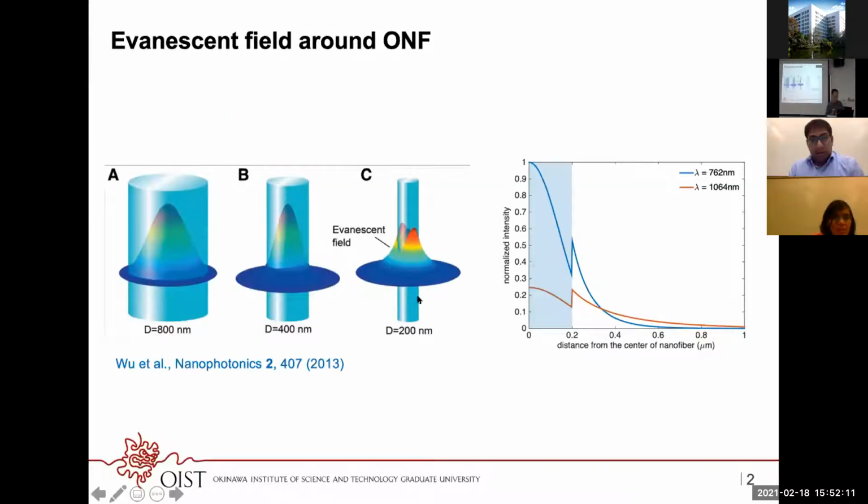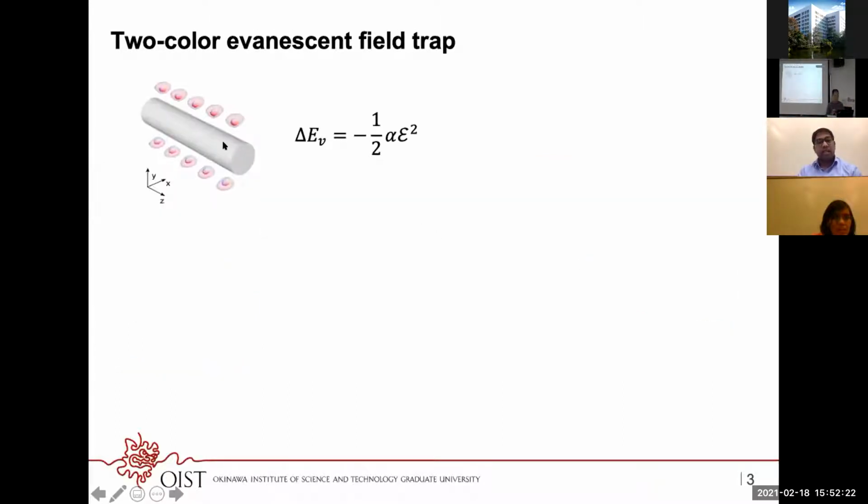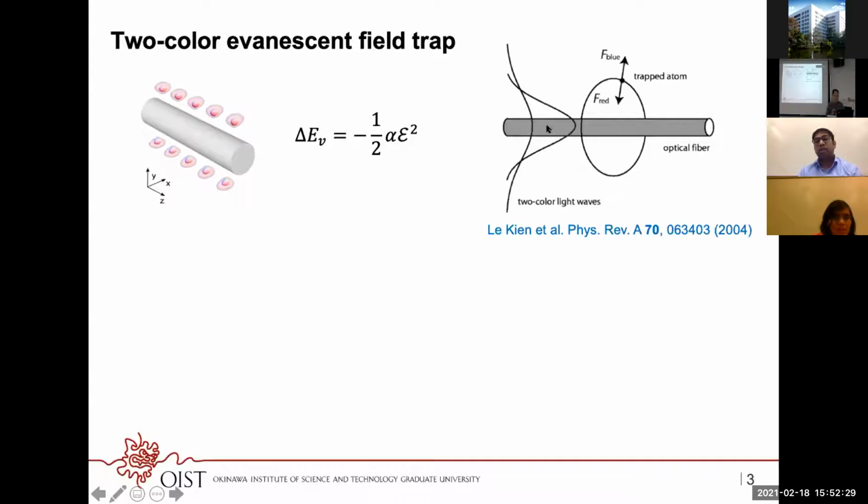With these two features, the azimuthal variation and the different radial decay lengths of the red and the blue light, we can create a potential minima, a 1D lattice around the nanofiber, using a scheme proposed where red and blue detuned light from the resonance are used.